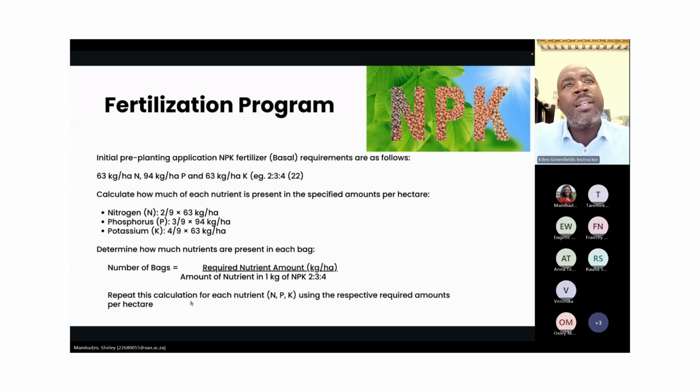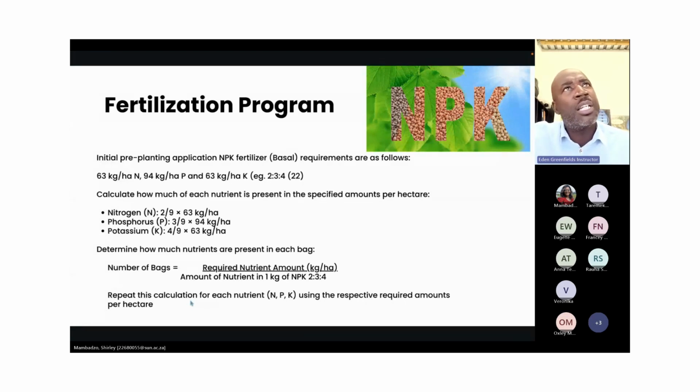Now, very funny enough, when we use these calculations, you are going to see that in a bag of 50 kg of fertilizer, probably you have only 1 kg of nitrogen, maybe 3 kgs of phosphorus, and maybe 1.5 kg of potassium.